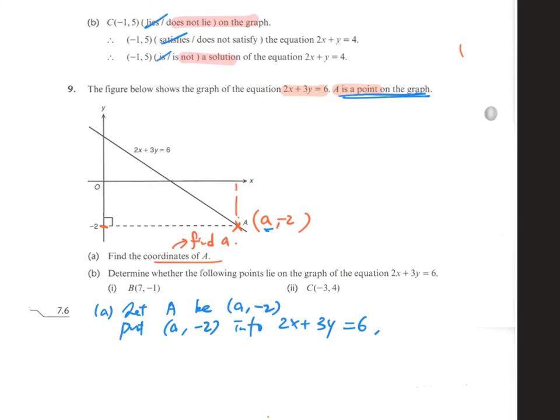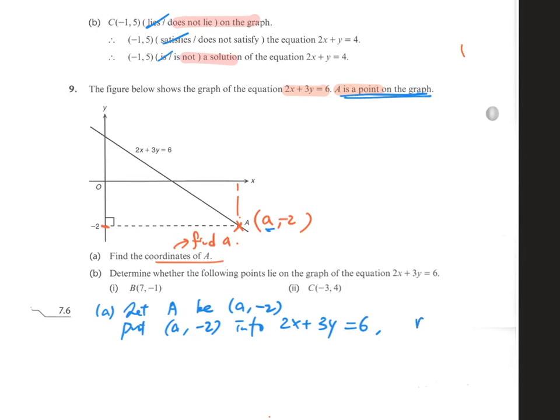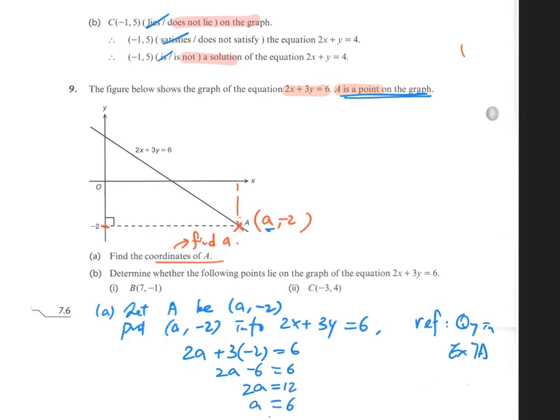You can write also in your notes, so another reference would be question 7 in exercise 7A. And afterward you have 2a plus 3 times minus 2 equals 6. 2a minus 6 is 6. 2a is 12. That means a is 6.